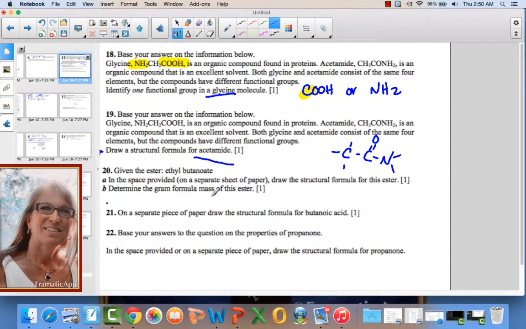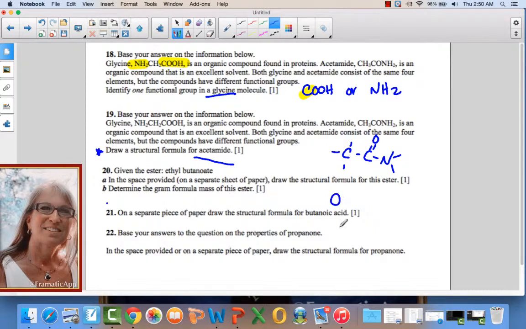So I need to draw ethyl butanoate. So remember, my functional group, well, first of all, my O is my dividing line, right? So I'm just going to draw my O first. The ethyl was named first, but it's the number of C's after the O. So I'm going to put 2 C's.